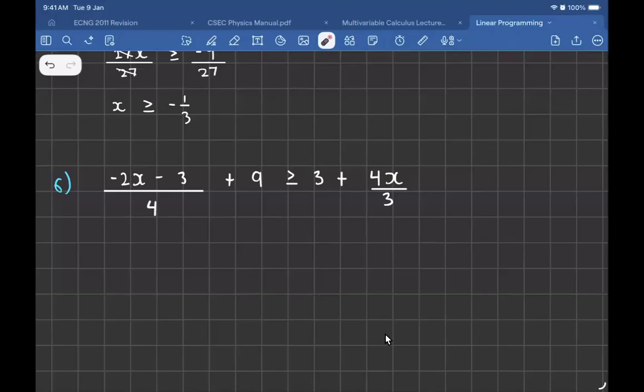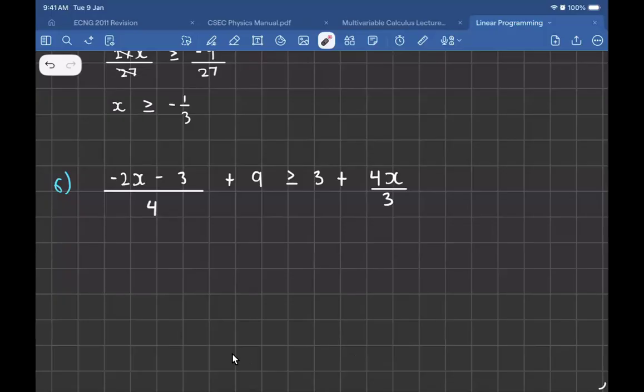So you're saying multiply everything by 4, then multiply everything by 3? Yeah. So multiply everything by 12. Yeah, you're correct. So, Serena, put it simply, we're just going to multiply by the LCM.